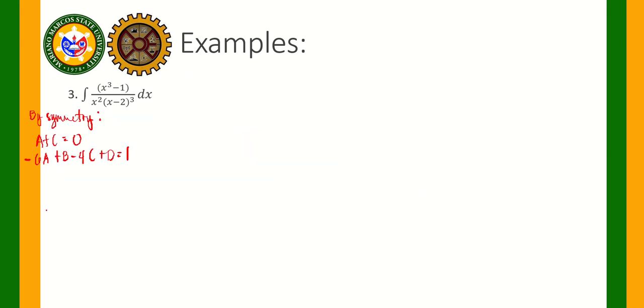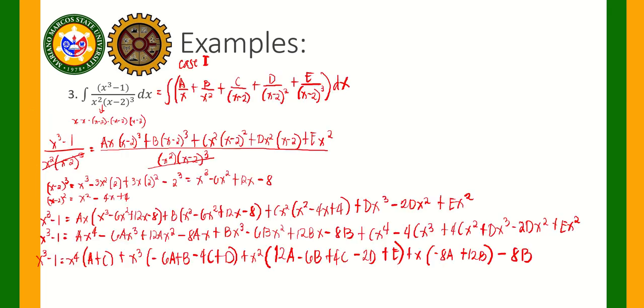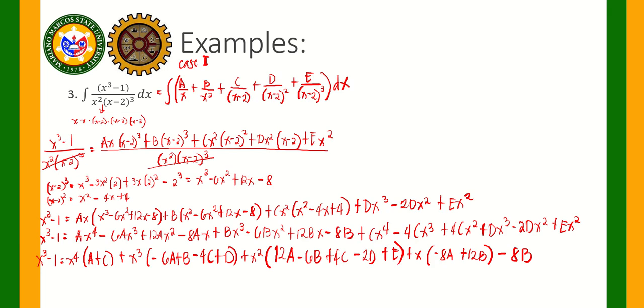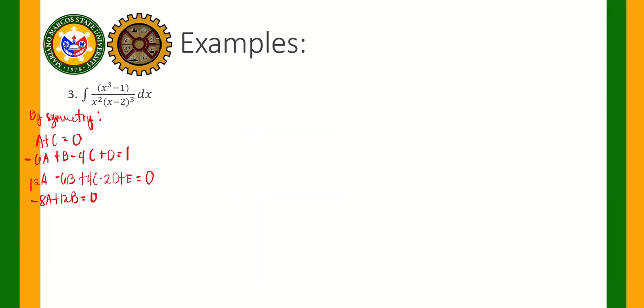Okay, so this will be 12a minus 6b plus 4c minus 2d plus e, that will be equal to 0. And for x variable naman, wala rin tayong x sa left side, so still equal to 0. So negative 8a plus 12b is equal to 0. And for our constant, meron tayong constant sa kabila, that is equal to negative 1.